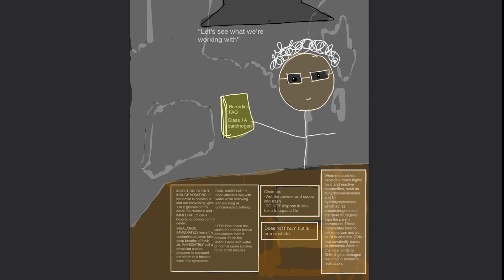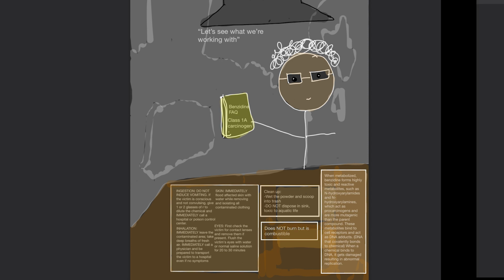And then the last one reads what would happen if it was metabolized: it forms highly toxic and reactive metabolites. It is a procarcinogen, and it is mutagenic, meaning that it binds to DNA adducts, which is DNA that is covalently bonded to a chemical, and it can get damaged and result in abnormal replication.